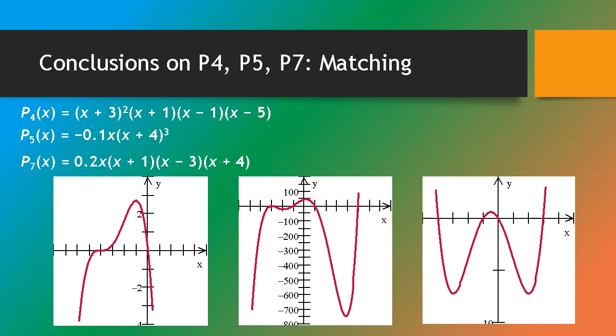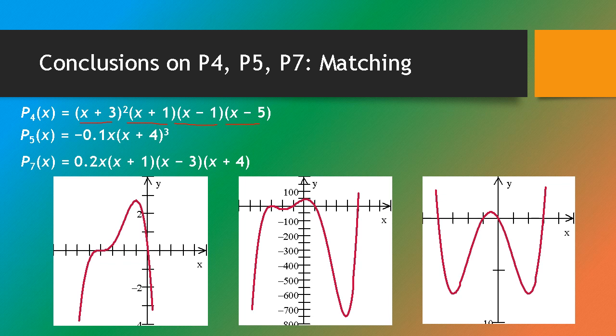For polynomials 4, 5, and 7, let's try a matching activity. Let's see if we can match these three with these three graphs. And the easiest way to do that is by identifying x-intercepts. For instance, you'll notice that polynomial 4 has 1, 2, 3, 4 factors that give us 4 different x-intercepts.